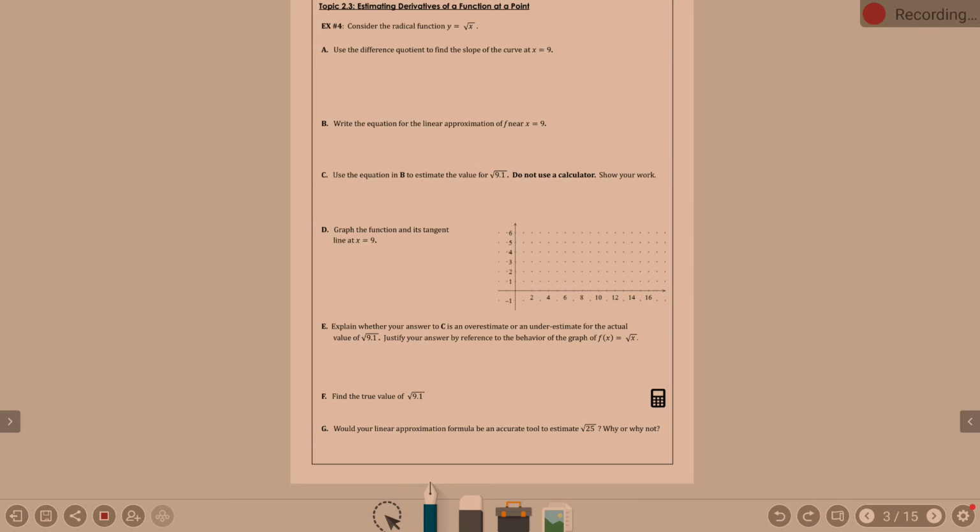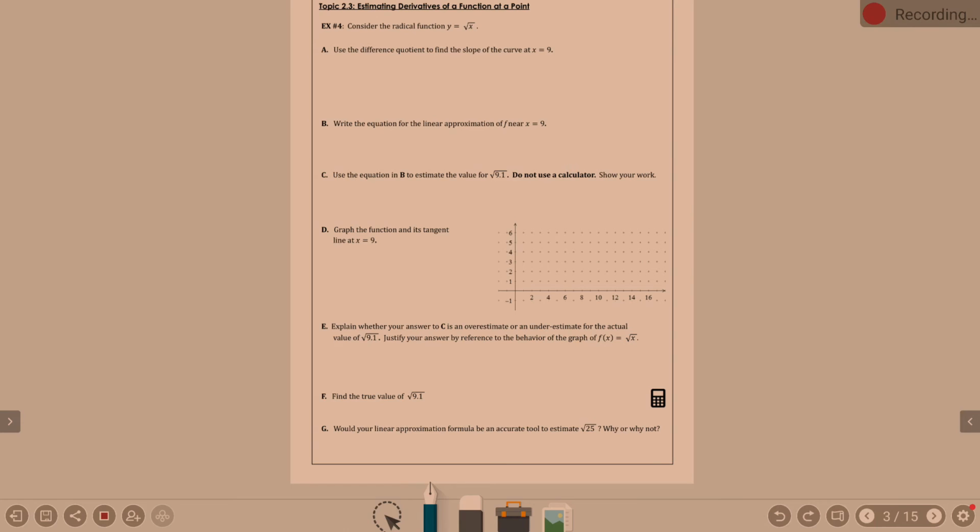Consider the radical function y equals the square root of x. A, use the difference quotient to find the slope of the curve at x equals 9. What are we basically using? They want us to find slope. They're saying use the difference quotient. This is basically the definition of the derivative, right?